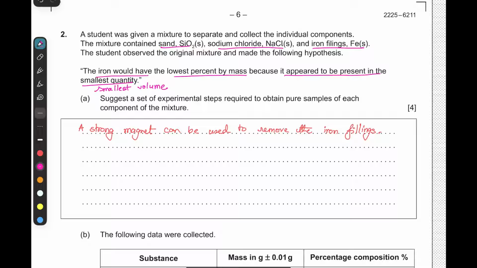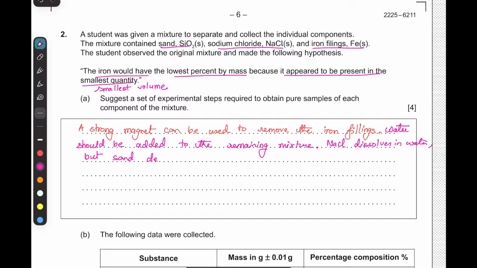So next, water should be added to the remaining mixture. NaCl dissolves in water, but sand doesn't.